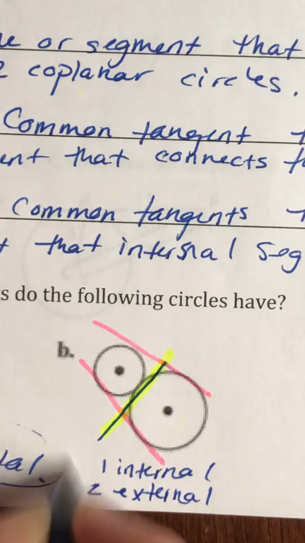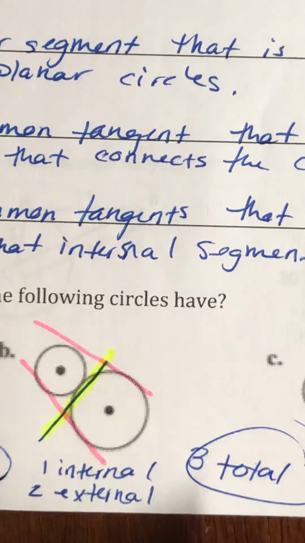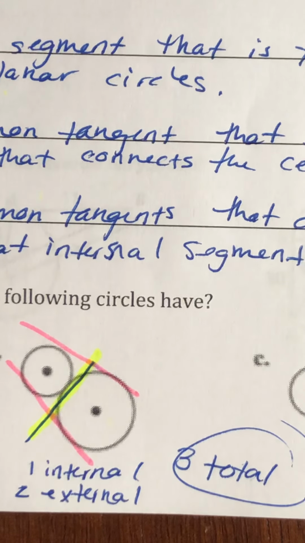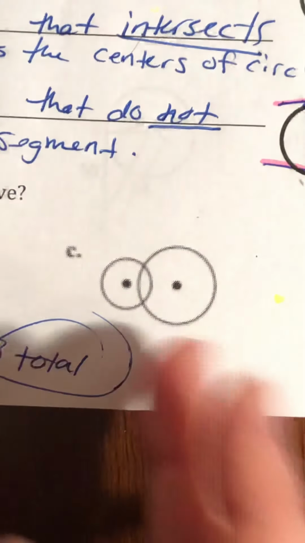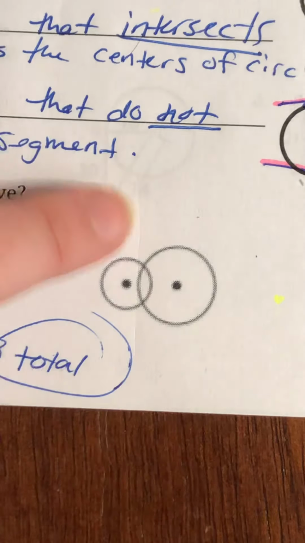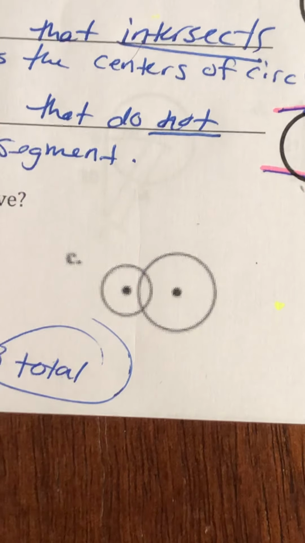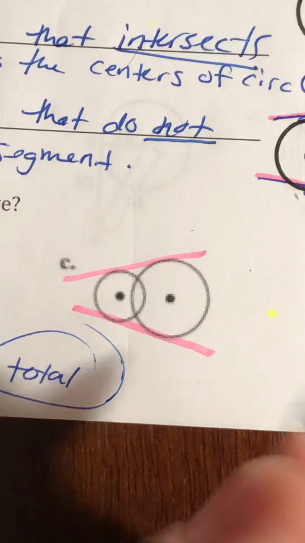So that's going to be 3 total. And then finally we have these 2 circles. They intersect at 2 points and they overlap. So there actually isn't going to be an internal one. There's no line you could draw that could be tangent to both. So all I can do is have the 2 external ones.